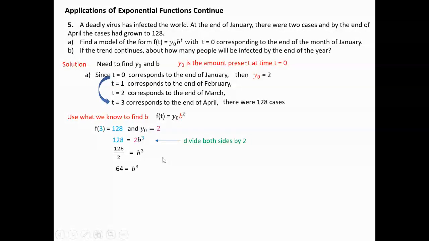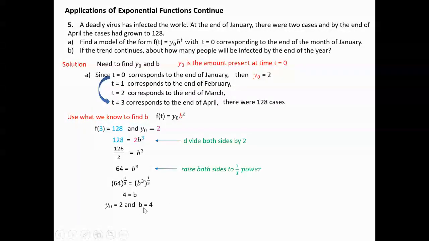So it's going to give us 64 equals b to the third power. Now we're going to raise both sides to the power of 1/3 to cancel the 3 as the exponent. Here we apply the exponential power rule. When you have a power to a power, you multiply the powers. So 3 times 1/3 will just give us 1, and 64 to the 1/3 power will give us 4. So my b is equal to 4.